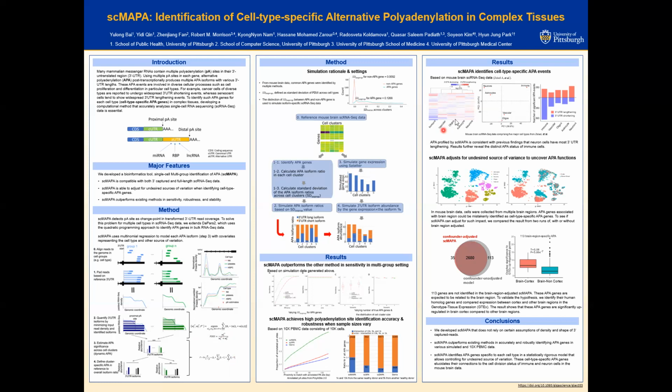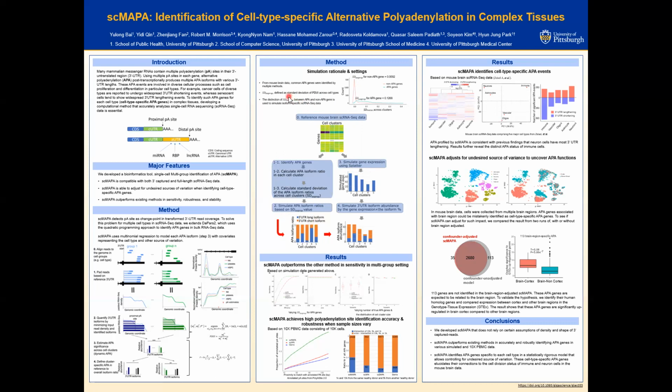To benchmark the performance of scMAPA using the ground truth, we developed a novel simulation pipeline. In this pipeline, we simulate the conventional single-cell RNA matrix by Splatter and APA isoform ratio matrix based on a parameter named SD isoprop.